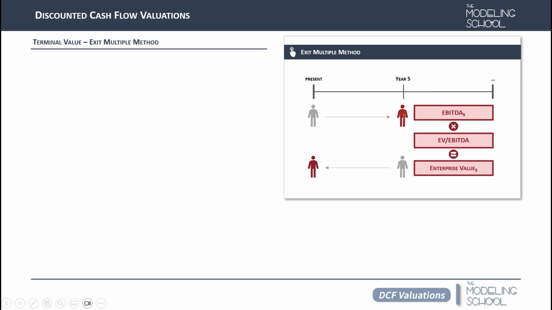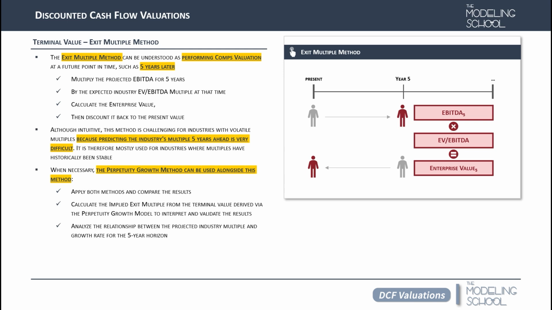What we need is the EBITDA of year 5. And if we can assume the estimated EV/EBITDA multiple in year 5, we can simply multiply these two and come up with the enterprise value viewed at year 5. And we're going to discount it again 5 years to the present. That gets us something very similar to the terminal value we calculated using the perpetuity growth method.